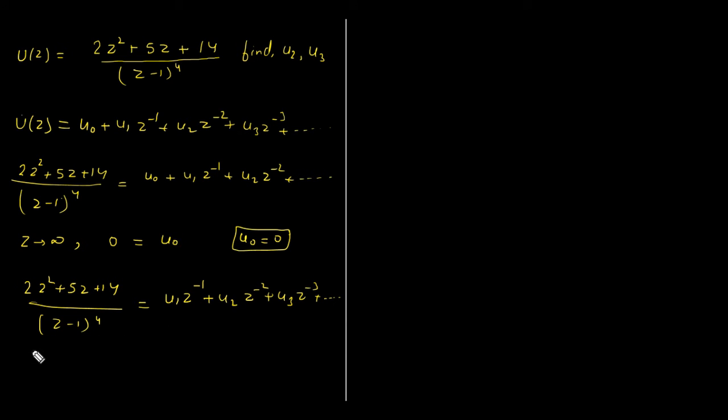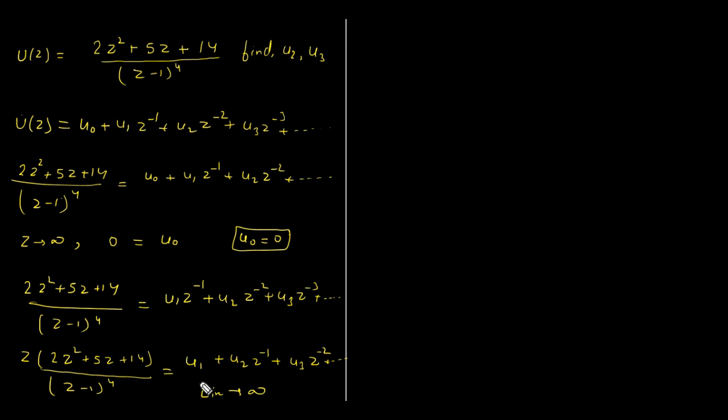So just multiply by z on both sides, so it will be z times (2z² + 5z + 14) divided by (z − 1)⁴ is equal to u1 plus u2 z⁻¹ plus u3 z⁻² and so on. Again, limit z tends to infinity on both sides.